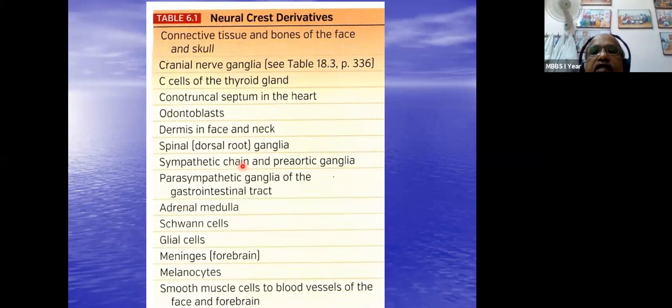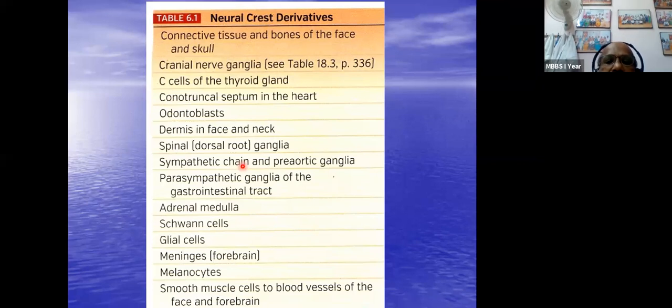The sensory ganglia of the cranial nerves. Next, the C cells of the thyroid gland. Already we studied the spiral septum in the heart. These neural crest cells migrate and reach all these areas, and their role is proved there. Odontoblasts give rise to your teeth.